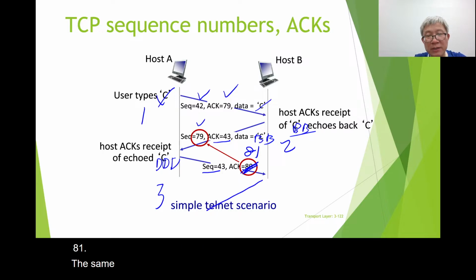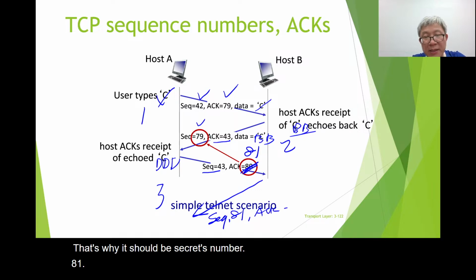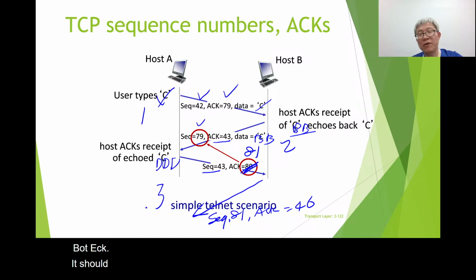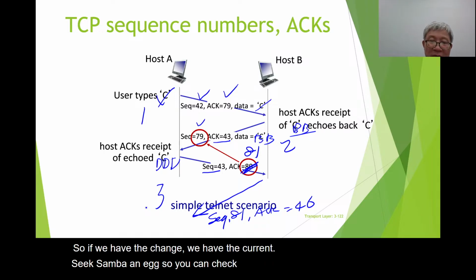So the next one should be sequence number 81. But X should be 46. So if we have the change, we will have the current sequence number and X. You can check it, and let me check it quickly.